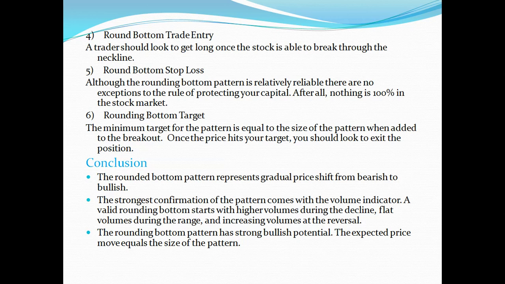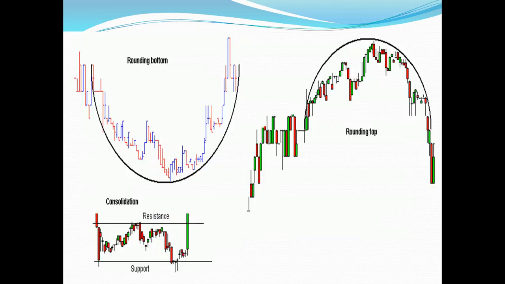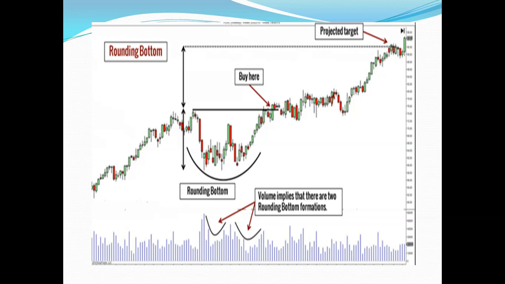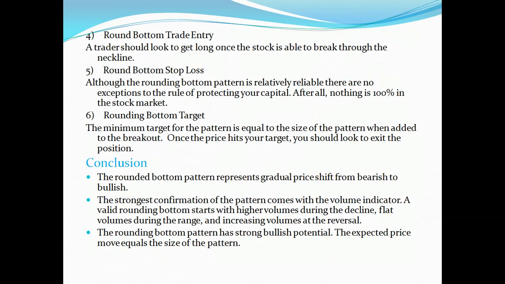A valid rounding bottom pattern starts with higher volume during the decline, flat volume during the range, and increasing volume in the reversal. So you can see here, you can correlate it with this. You have to use the volume indicator and correlate.